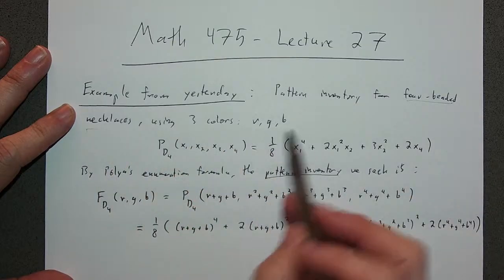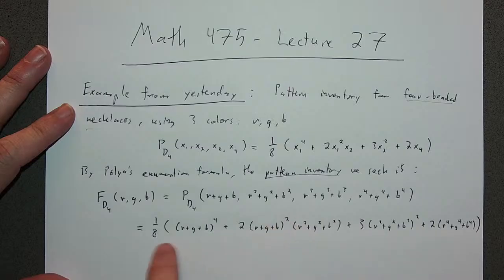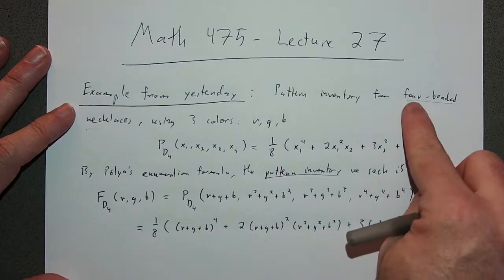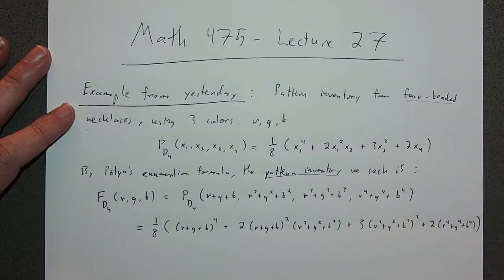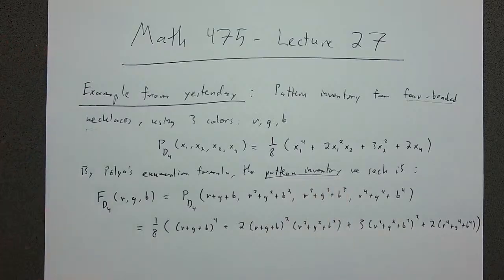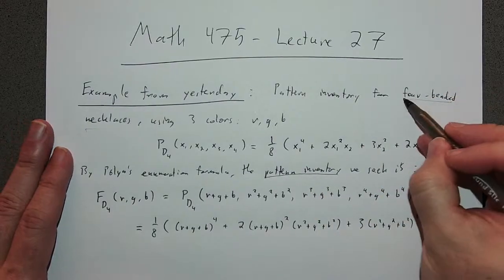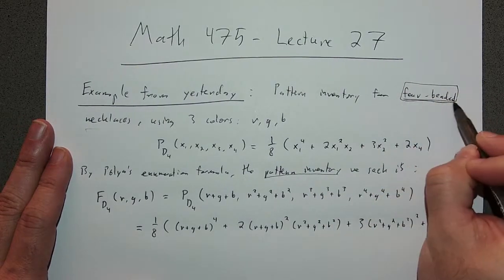using these 3 colors, what does that mean? It means that every term in this should be a degree 4 term, right? What do I mean by that? This is a 4 beaded necklace, so the pattern inventory and looking at its coefficients allows me to see the count on these objects where I'm using a specified number of beads from each color, but in all cases, these are 4 beaded necklaces.